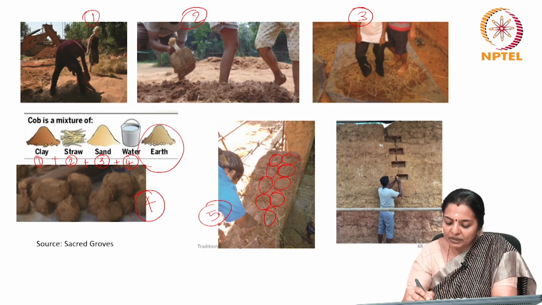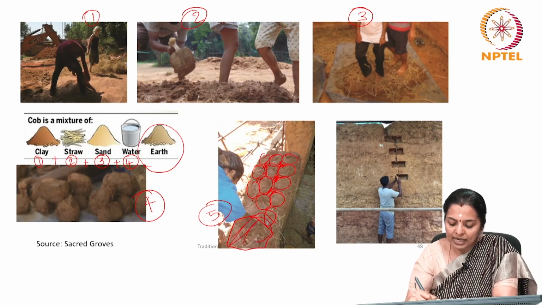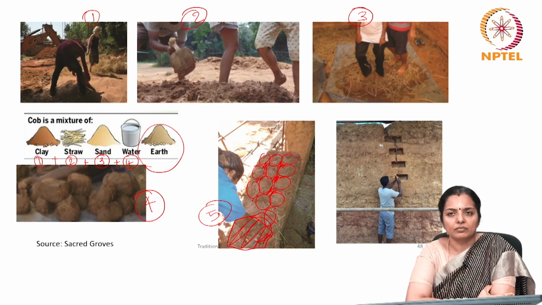You need to compress it and press it to ensure that these gaps get filled and it becomes like one uniform layer as far as possible.